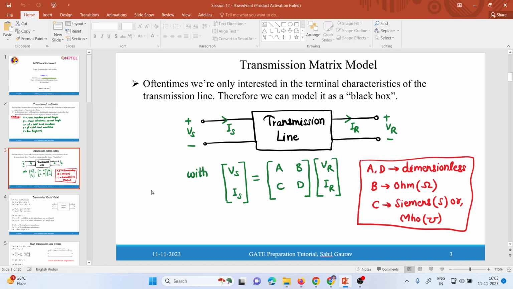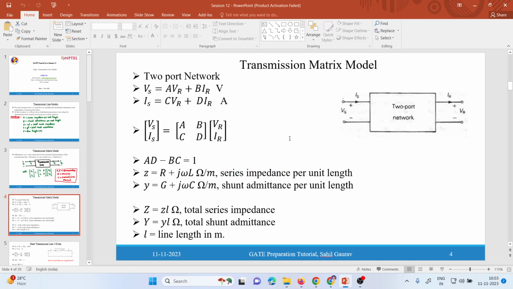Now we are going to see the transmission line model; these are the summary points. We use the two-port network for the transmission line modeling, and this is the equation you will get from this ABCD parameter matrix, and AD minus BC is equal to 1.